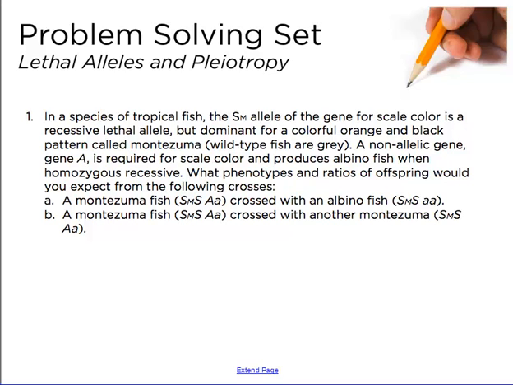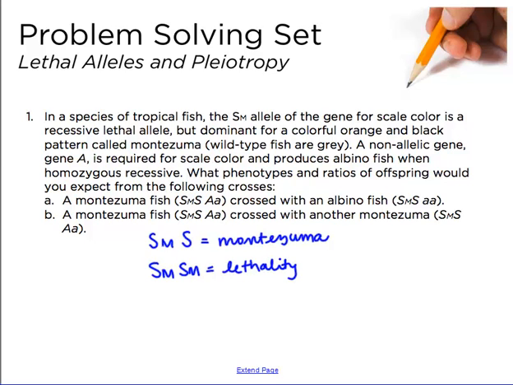So let's define our alleles first. We know that SM, when crossed with the regular S, gives you Montezuma fish. However, if you have SM, SM, that is the lethal allele, so we'll say lethality.